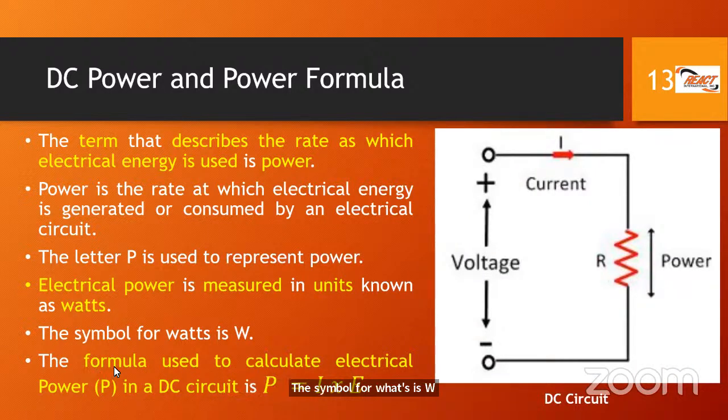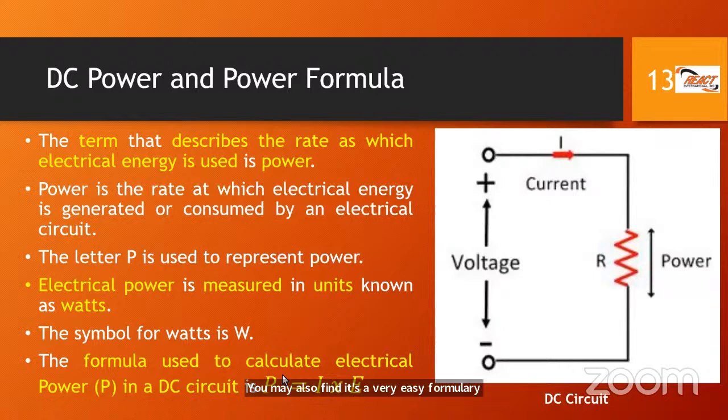The formula, of course, like everything else, we had Ohm's law formula. We have a formula now to calculate power. And you may find that the formula looks quite simple and similar to Ohm's law. You may also find it's a very easy formula to remember.